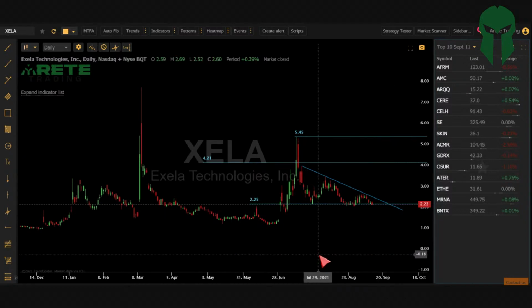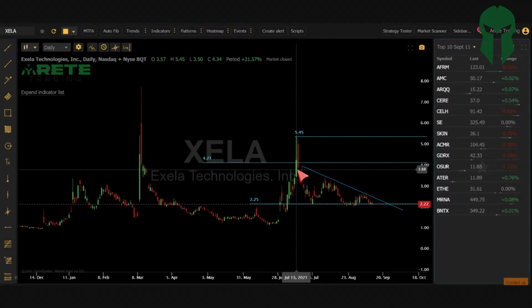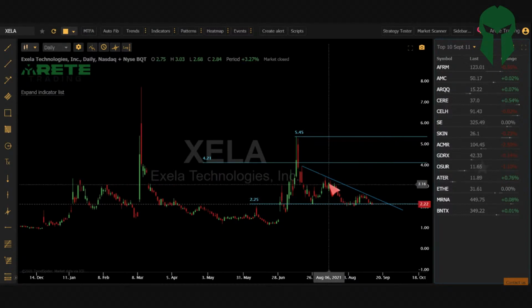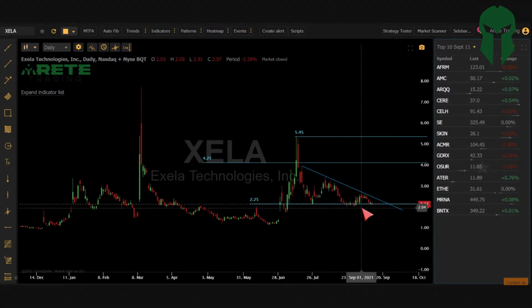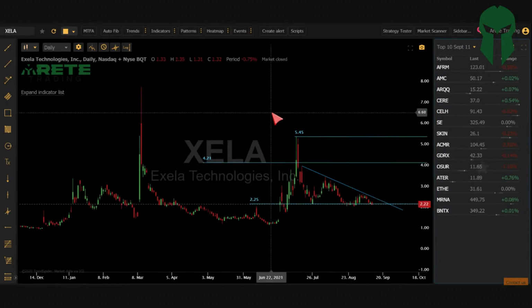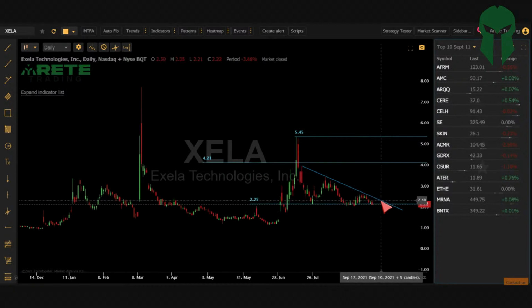The only really interesting thing is you see the depth of this, right? Gap. This one. See how they're getting smaller? That usually means you're setting up to break out, or you're at least setting up to stop going down. So you might want to watch it, but I would not be a buyer until I got above that level.